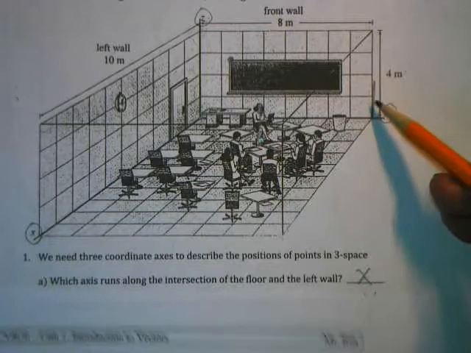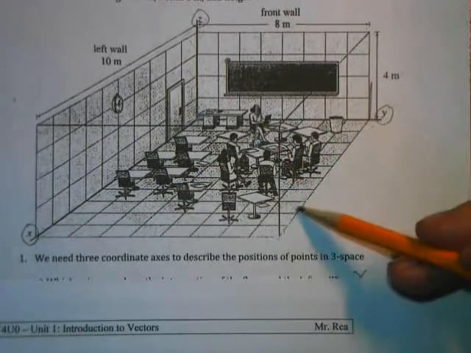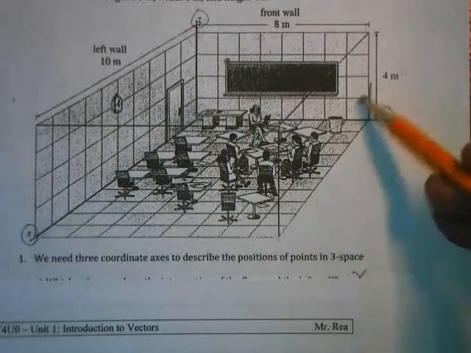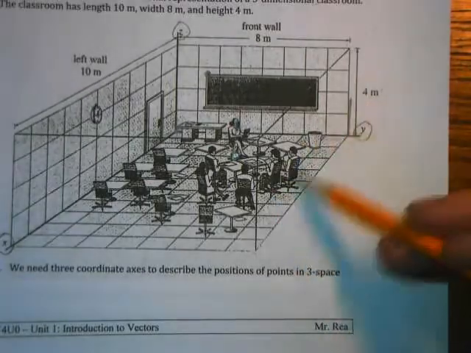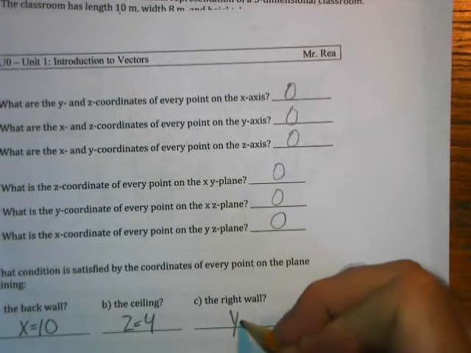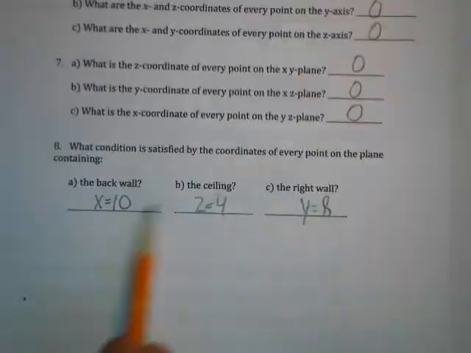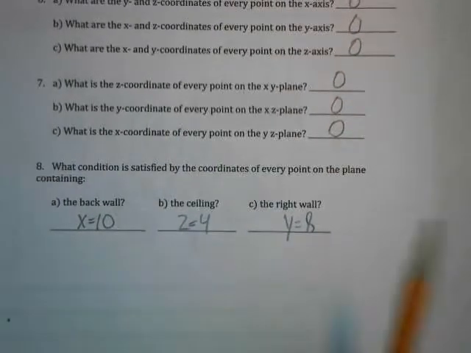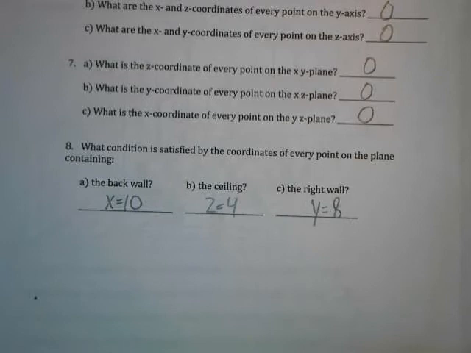And then the right wall, which is over here, you can see that the x coordinate and the z coordinate are changing, but the y coordinate is always, sorry, y equals 8. So that's how you think in terms of equations of a plane. You talk about which coordinate is not changing, and if it's not changing, what's its value?